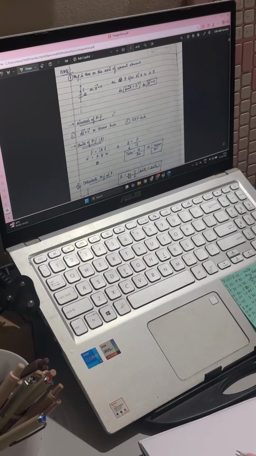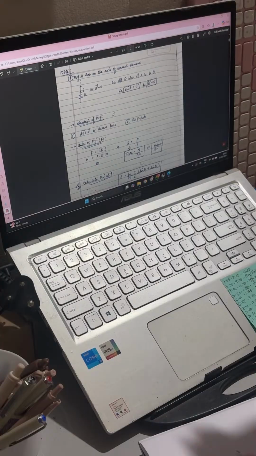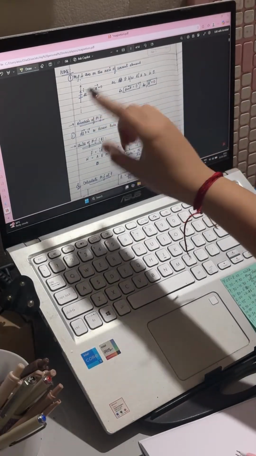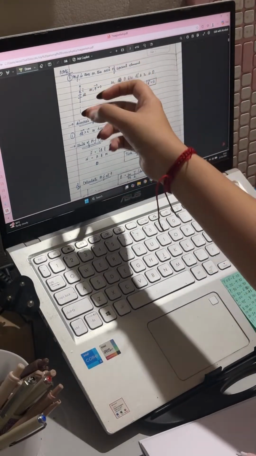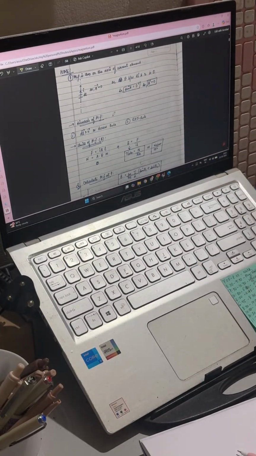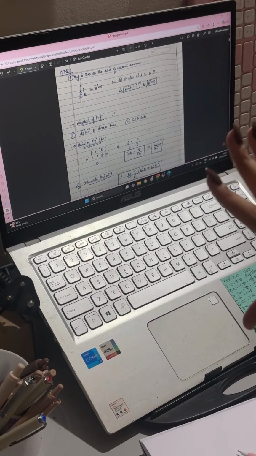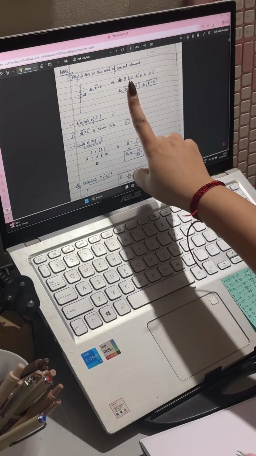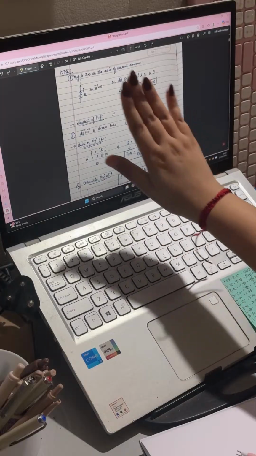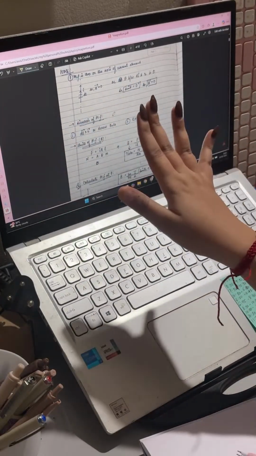Okay, the next thing we are discussing is that the magnetic field is zero if the point itself is lying on the current carrying element. If the point where you are checking the magnetic field is on the wire itself, then theta, the angle between the point and the current element, becomes zero.